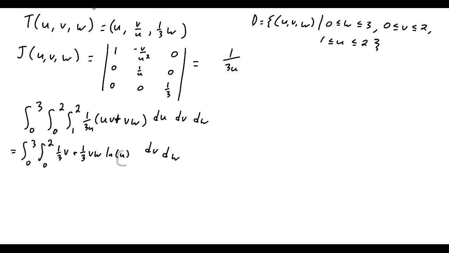Actually, that's going to be a natural log of 2. That function is 1/3 v plus 1/3 natural log of 2 times vw. Okay, yeah, that's correct.